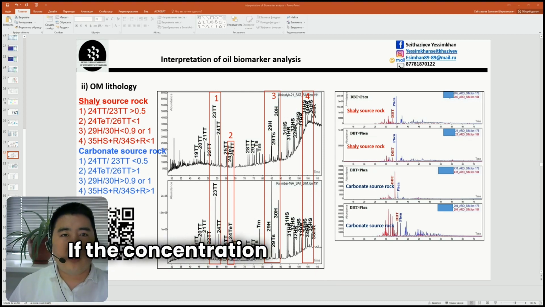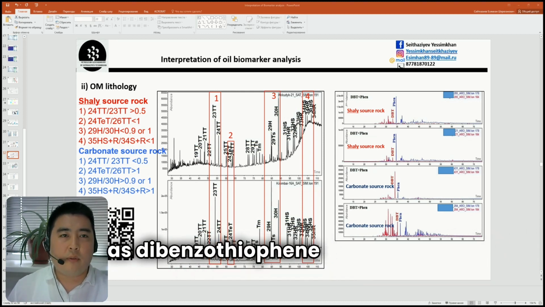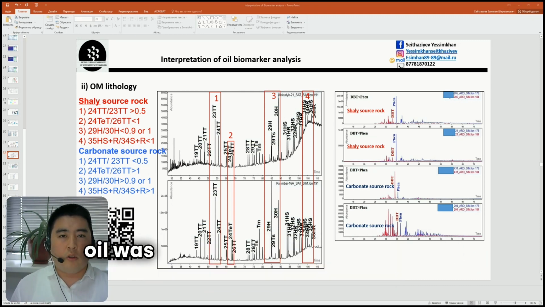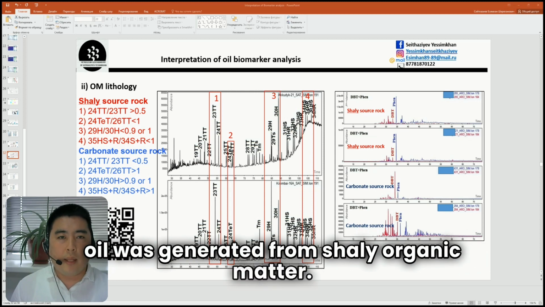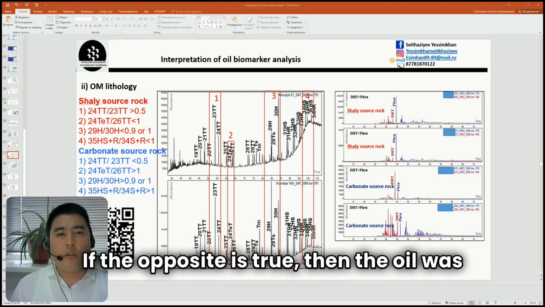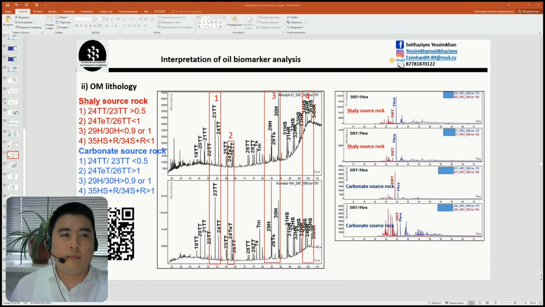If the concentration of sulfur-containing compounds such as dibenzothiophene is less than phenanthrene, then the oil was generated from shaly organic matter. If the opposite is true, then the oil is likely to be generated from carbonate source rock.